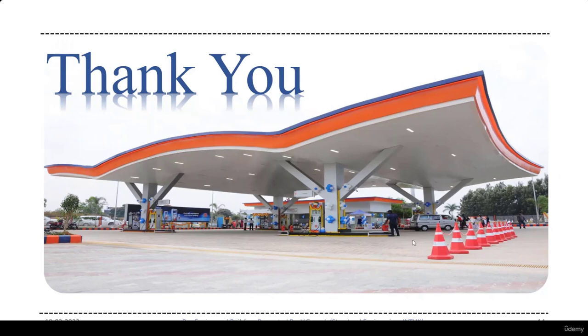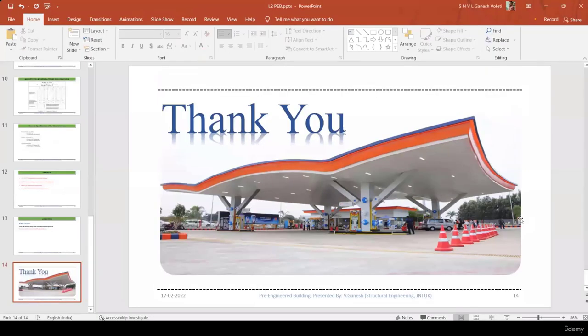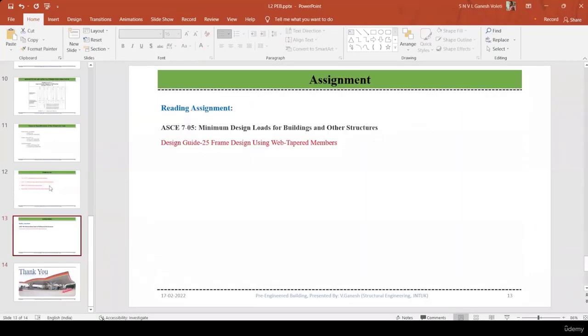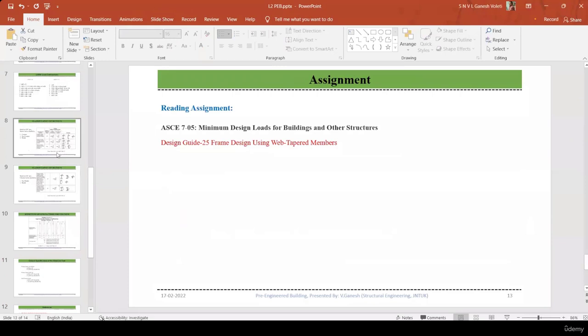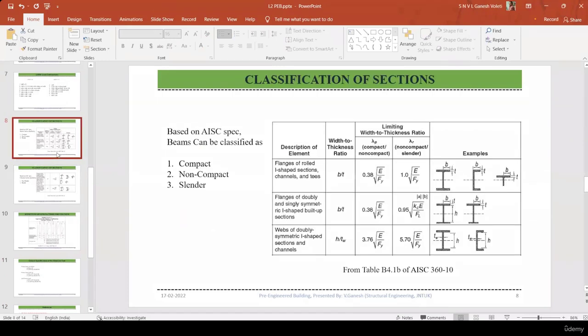Sir, you were explaining about compact section and slender section. There was a ratio B by T. That is only for the plate thickness. We are checking here only the class of plates, right? Yes, exactly.